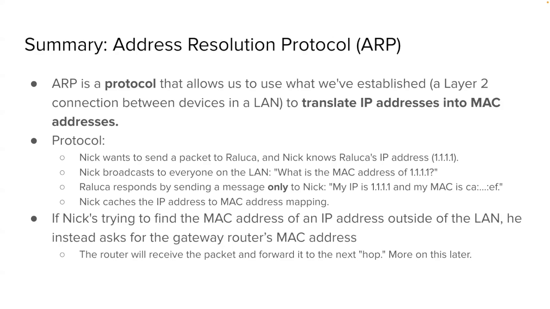Once Rilke sees this message, she can respond by sending a message only to Nick: my IP address is this and my MAC address is something else. Once Nick gets this message, he can put it into his cache and include this information in future packets.